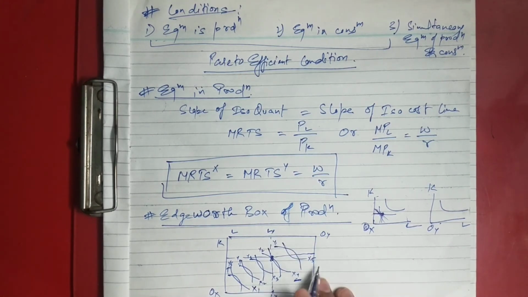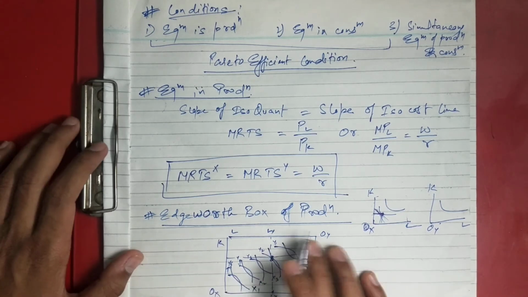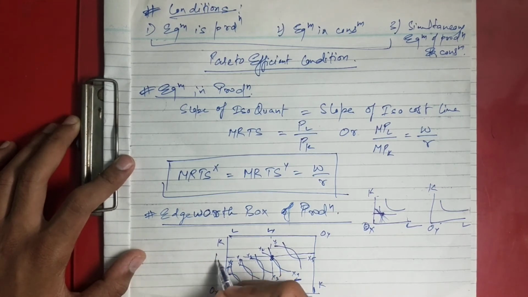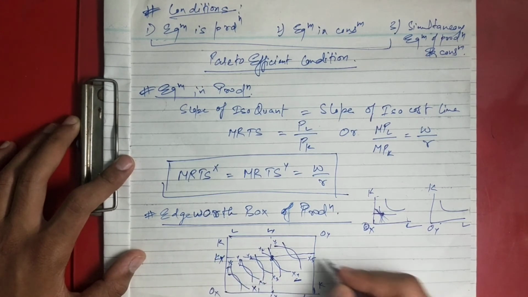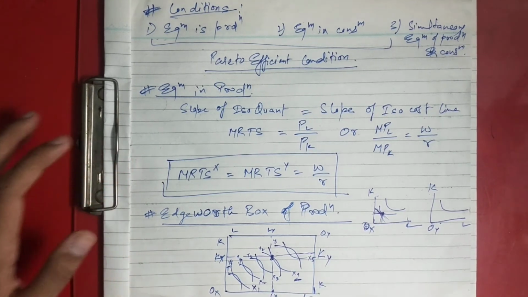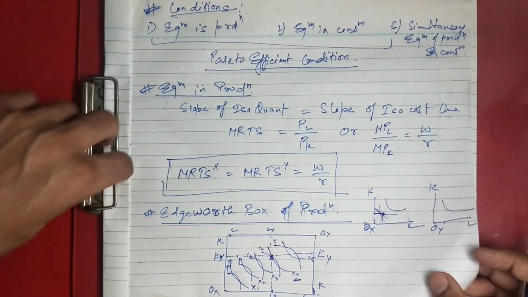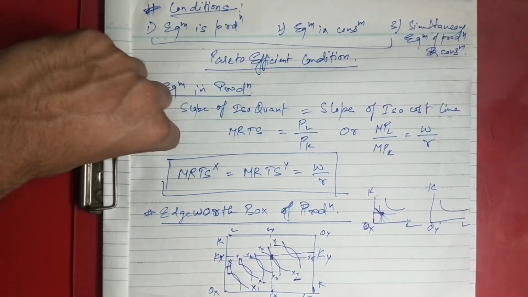Similarly, the fifth is the quantity of capital used in production of good X, and similarly the sixth is for good Y. So these are the 6 things which you get to know in any Edgeworth box. Okay guys, so now let's move on further.